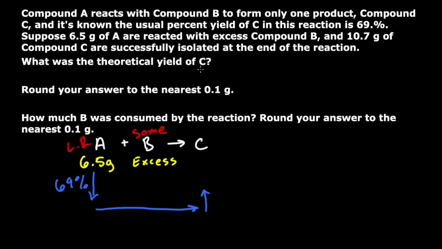And it says that 10.7 grams of compound C will be successfully isolated. So that means this 10.7 grams is what actually ends up being made. And what we need to do is figure out how much of this could theoretically have been made if all of this 6.5 grams were to make C.